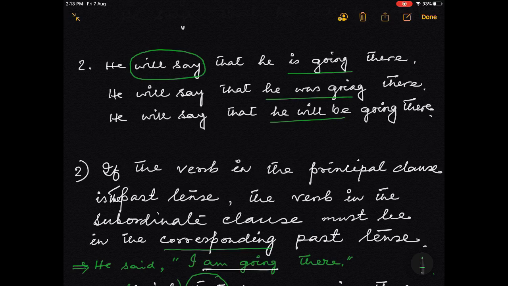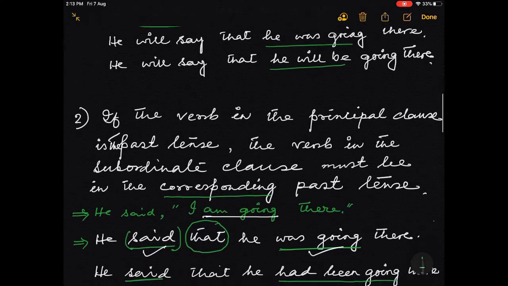This is the thing. But if the verb in the principal clause is present or future, the verb in the subordinate clause can stay in any form. It is not that it must be past.